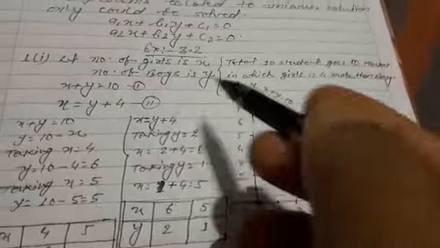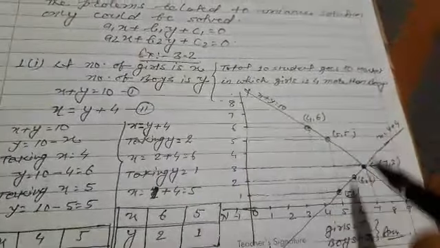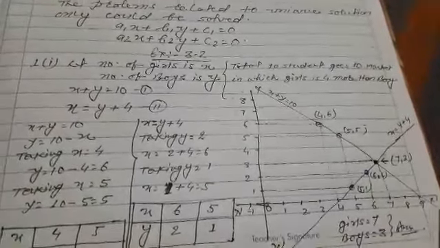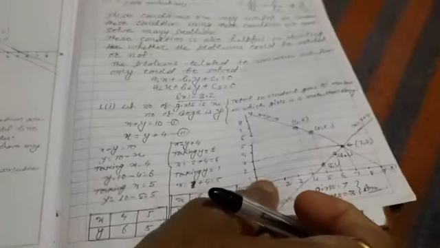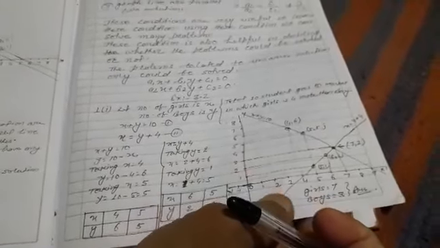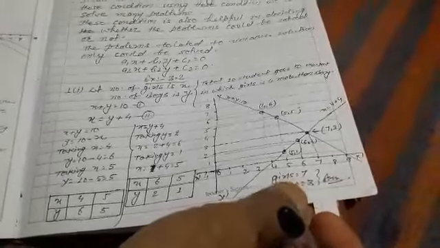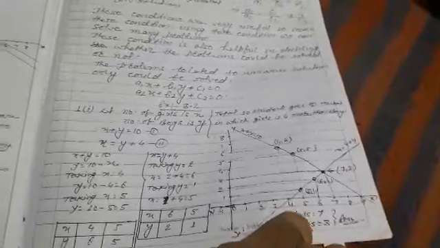In this way, by using a graph we can find the solution of the question. So in this chapter some of the questions are given in word form, and you first have to convert it into equation form, and when you get the equation then you find the 2 values of x and y, and after that you draw the graph, and using the graph you find the solution.